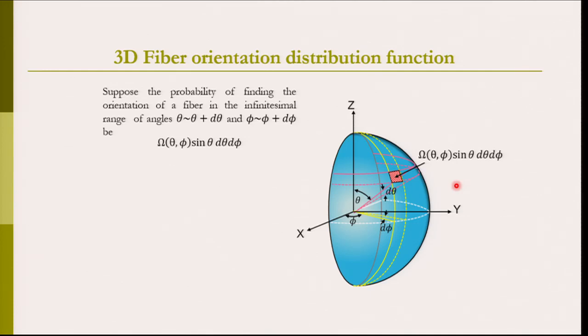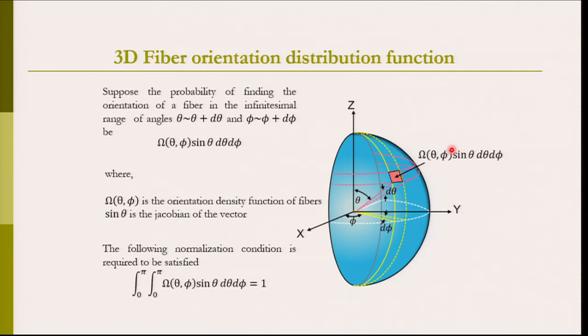Suppose the probability of finding the orientation of a fiber in an infinitesimal range of angles theta to theta plus d theta and phi to phi plus d phi is omega theta phi sin theta d theta d phi. This is the relative frequency of a particular fiber having orientation angles theta and phi.